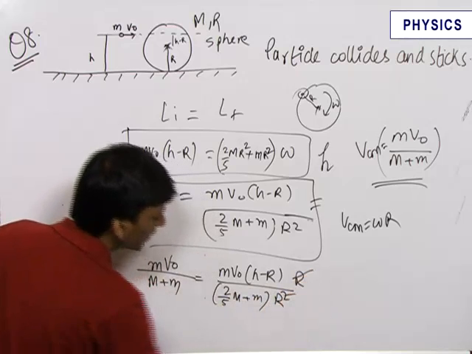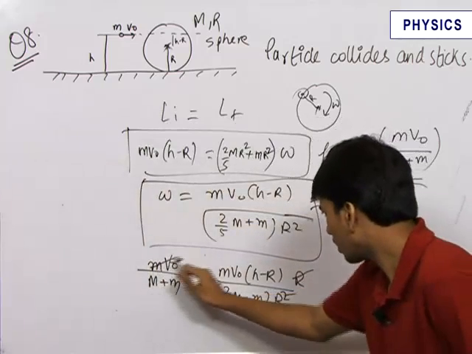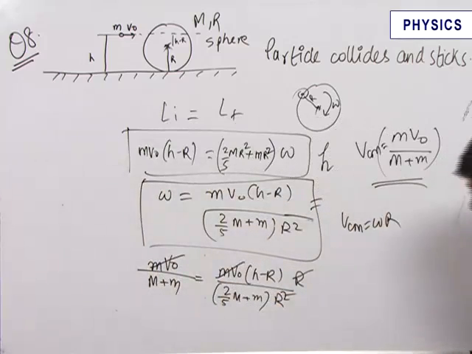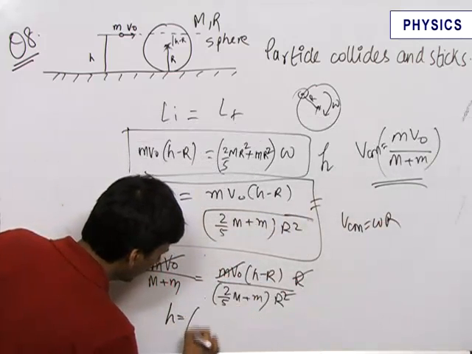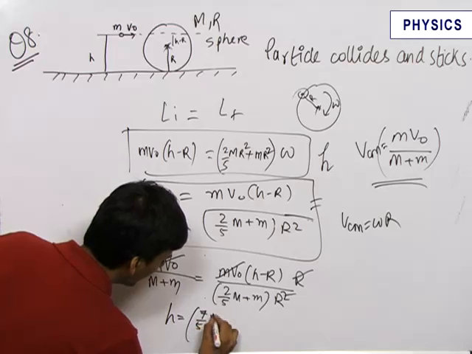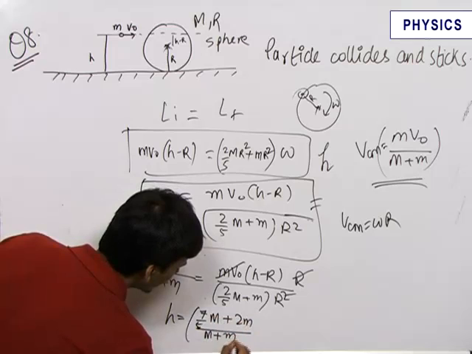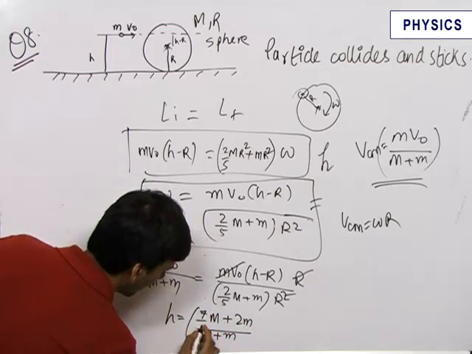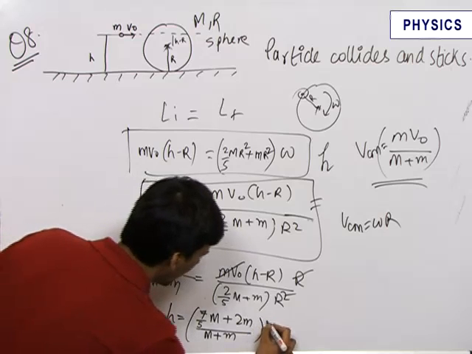This r cancels with the square. So on solving this, we get the value of h to be equal to (7 by 5 M plus 2m) upon (M plus m) into r.